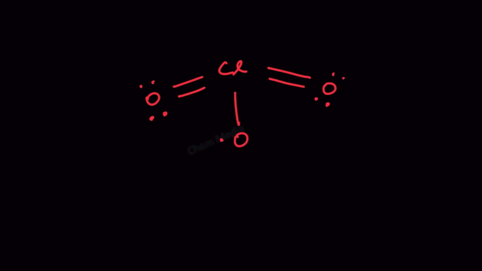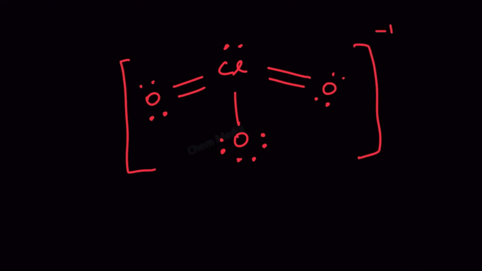Now if we write a Lewis structure like this, chlorine having a double bond with the oxygen, and then 2 lone pairs, and then at the other end also having a double bond with the oxygen, and then 2 lone pairs, and then the central oxygen atom having a single bond with the chlorine and having 3 lone pairs, and 1 lone pair on top of chlorine.